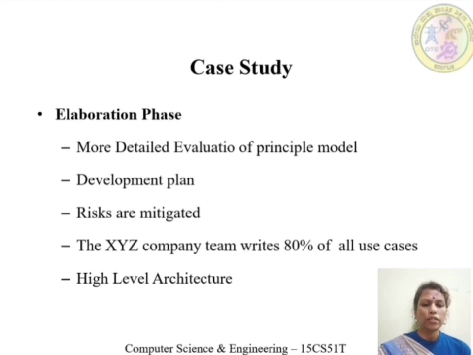That is, the basic model evaluation is done in the elaboration phase, and also a development plan is created. And here risks are mitigated, that means risks are minimized in this phase. In the previous phase, the inception phase, risks are identified and specified, whereas in the elaboration phase, risks are minimized.